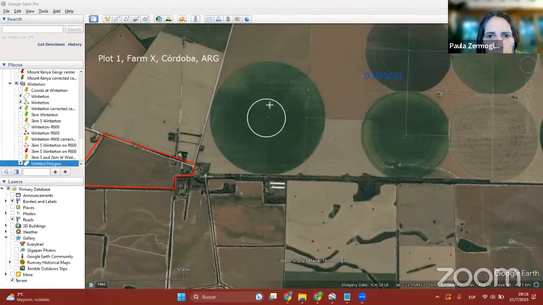suppose I really collected here, right? Let me see if I can erase this circle. Suppose that this is the location, and I actually collected it here.